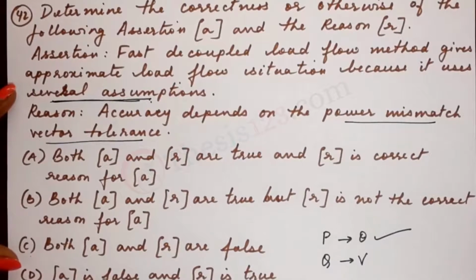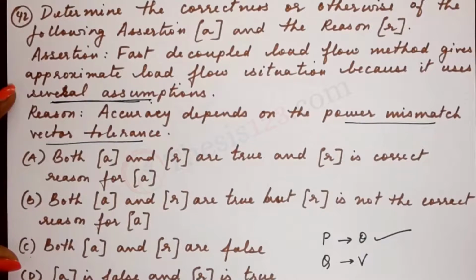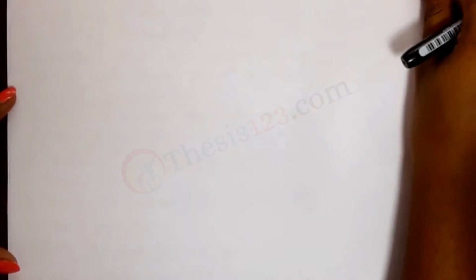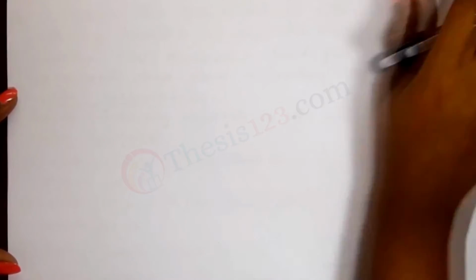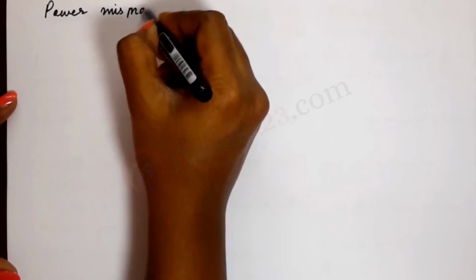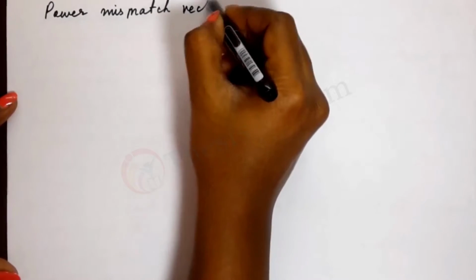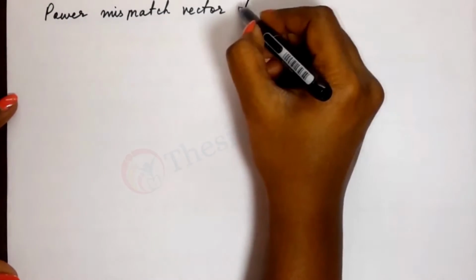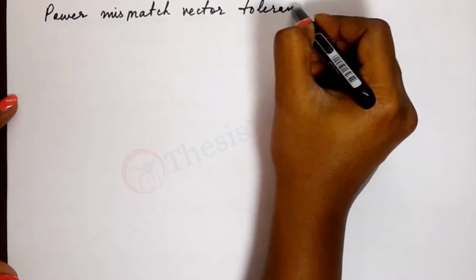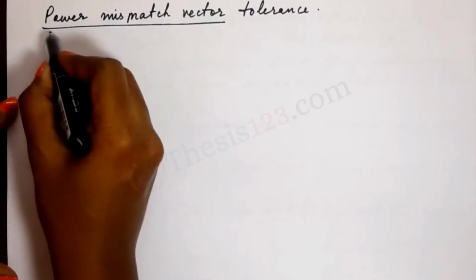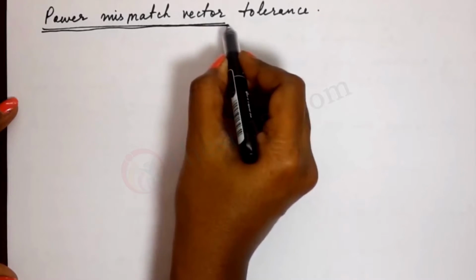Now power mismatch vector tolerance is defined, I think I better write that down here for you to note. First we will look at power mismatch vector. The phrase written in the question is power mismatch vector tolerance. So first we'll talk about power mismatch vector.